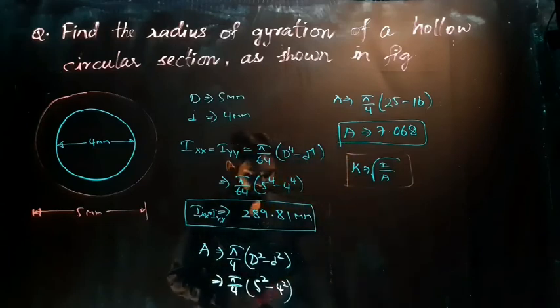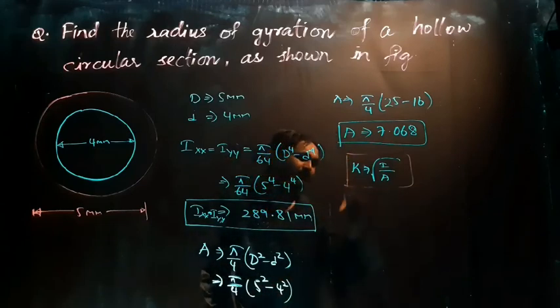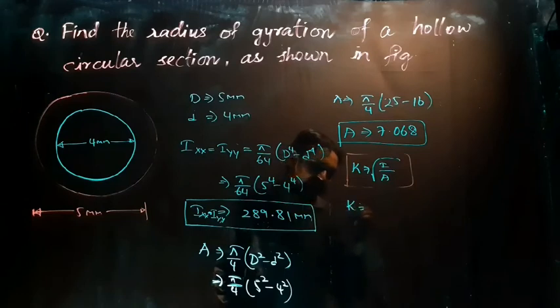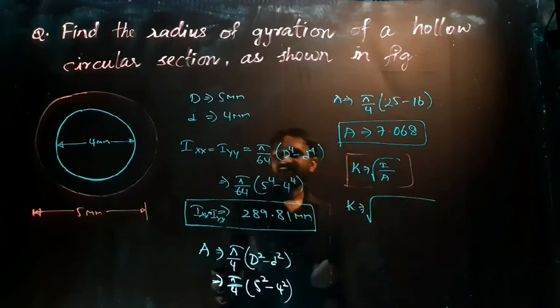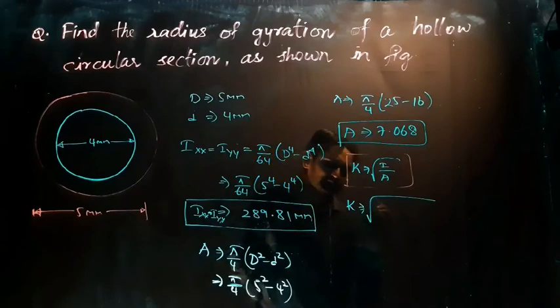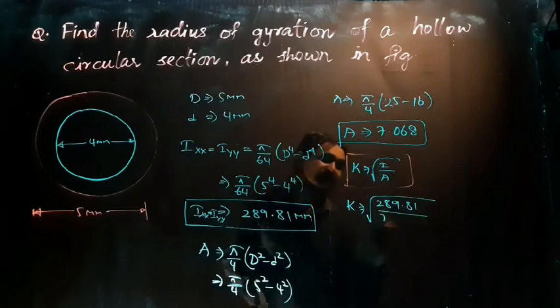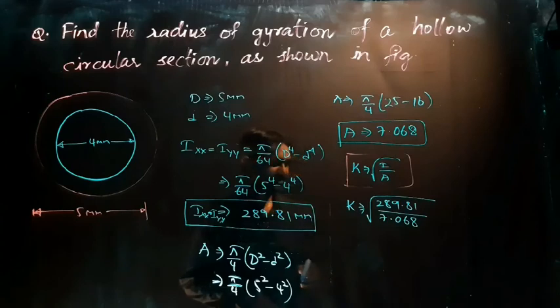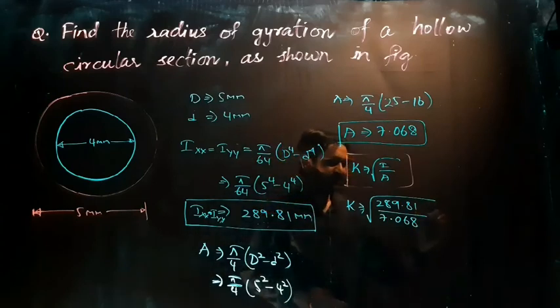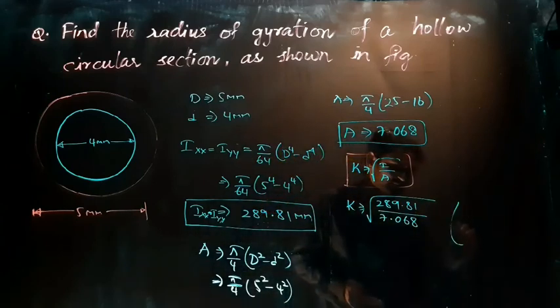So I have to substitute the values here. K is nothing but root of I. What is I here? I is 289.81 divided by A, 7.068. See, beside I am writing the units also.